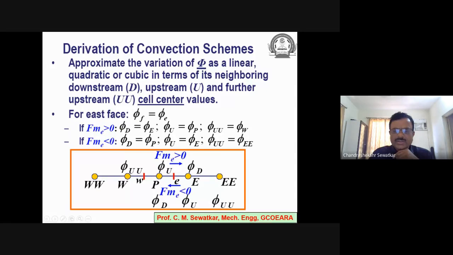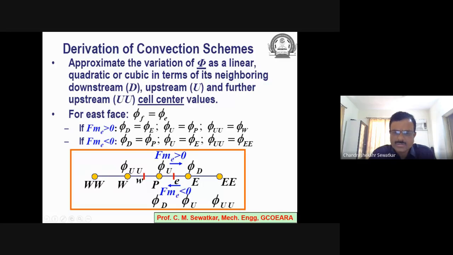If this is the east face, this is my cell center under consideration. This is the east neighboring cell center, and this is the west neighboring cell center. If I want to determine the value of the variable on the east face, this east neighboring cell center will be called phi d if my flow is occurring in the positive x direction.